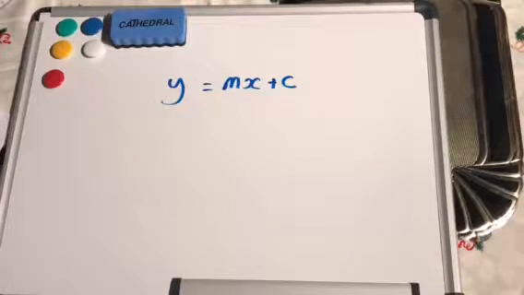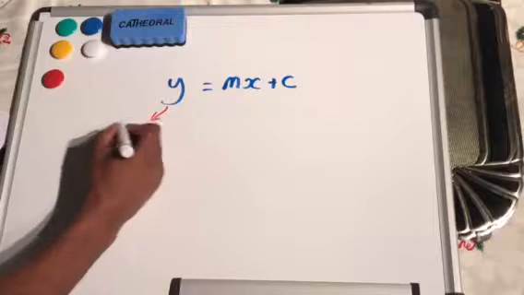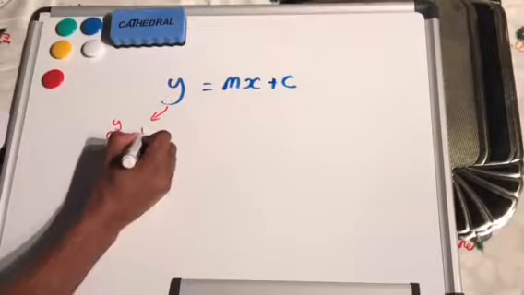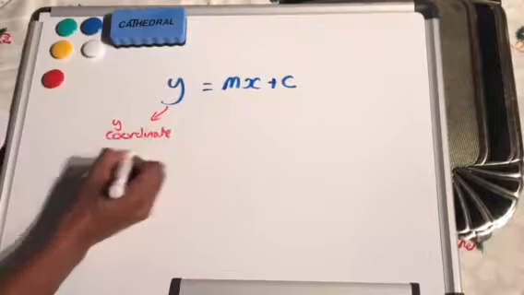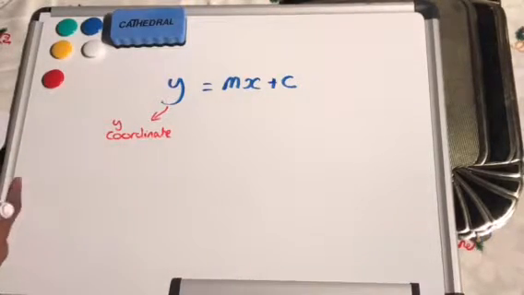And I want to just take a little bit of time here to look at these 4 letters and what they mean. We know what this stands for now from our work we've been doing recently. This is the y coordinate. And we know that changes, most of the time that changes depending on where you are on the graph, except for when it's a horizontal line, the y coordinate will always stay the same.